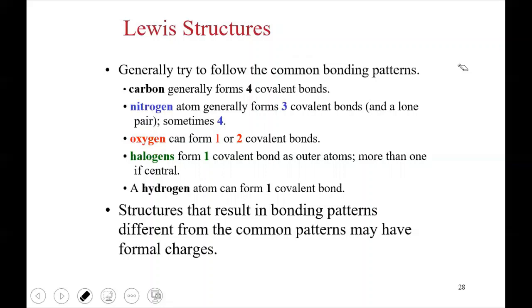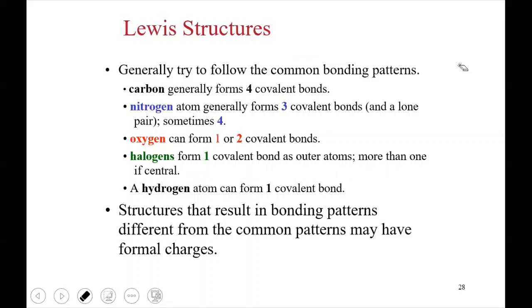Now, be aware that for big atoms like chlorine and bromine and iodine, one of the things they can do is they can make compounds that essentially don't follow the octet rule. They can expand beyond the octet, and so they can act as central atoms. Fluorine doesn't do it, but chlorine, bromine, iodine, those guys can do it. And in those cases, yes, there'll be more than 1 bond.